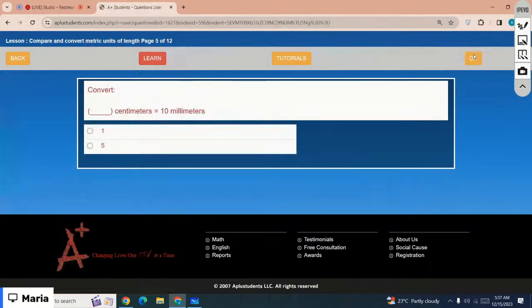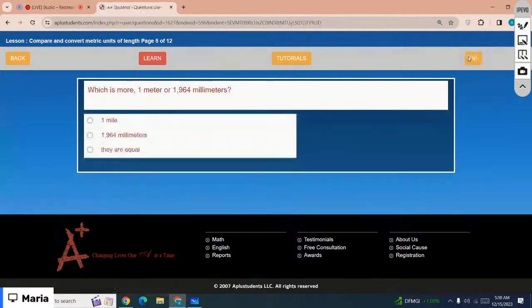10 millimeters equal how many centimeters? 10 millimeters equal 1 centimeter. Okay, which is more, 1 meter or 1964 millimeters?